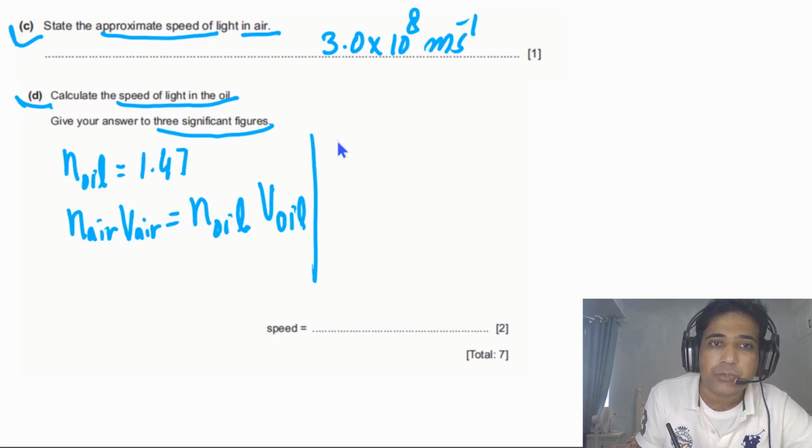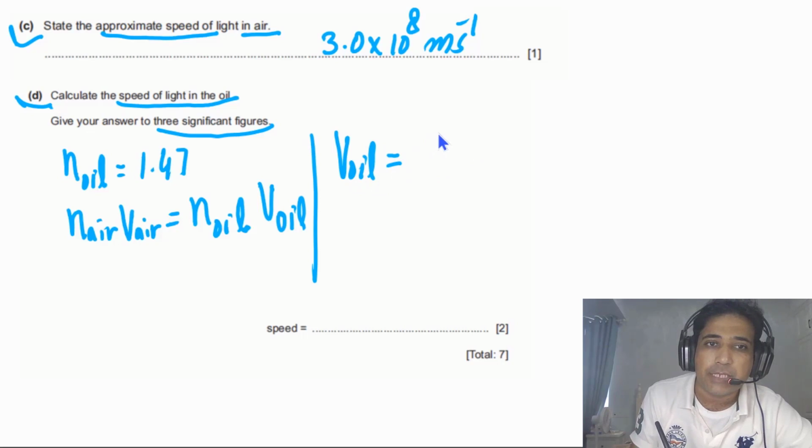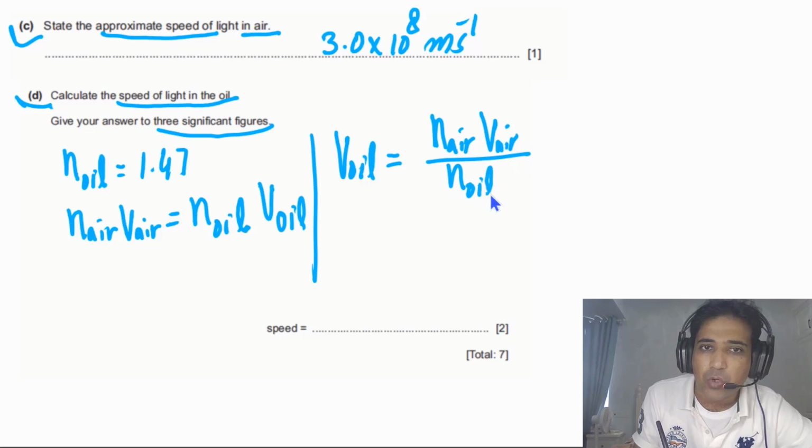So the speed of light in oil will be the speed of light in air divided by the refractive index of oil.